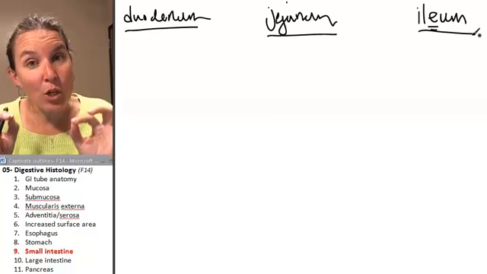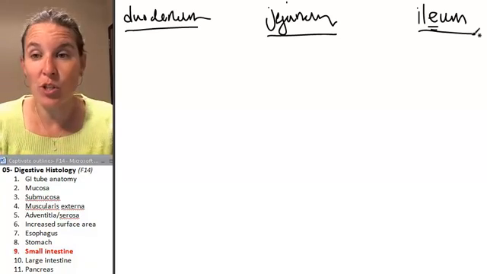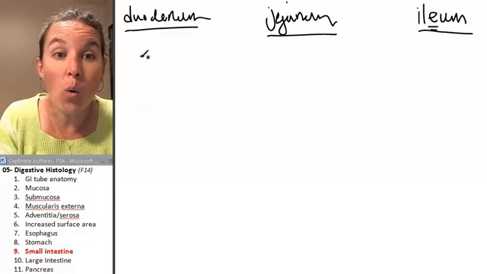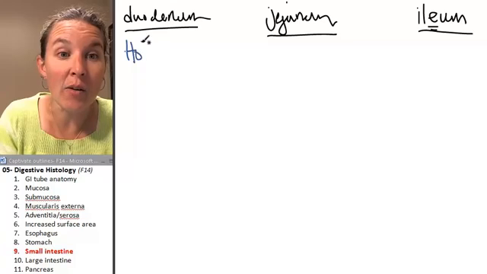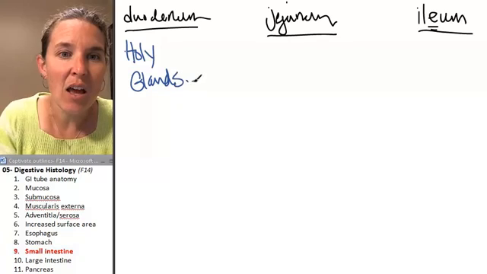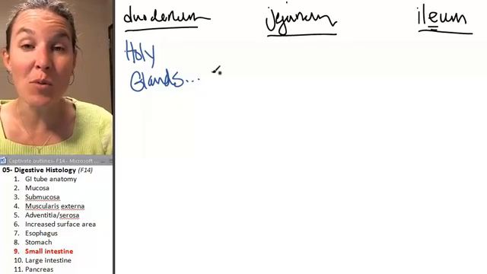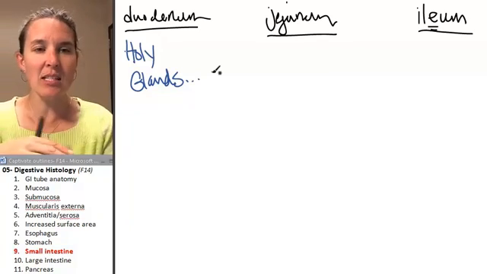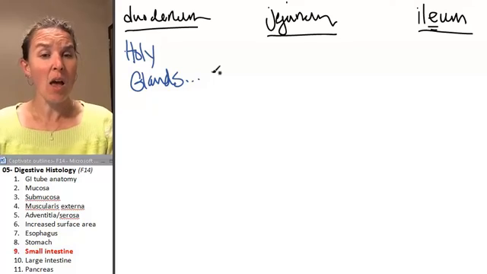To distinguish between them, here's what you're going to look for. In the duodenum, in fact, I'm writing that down, holy glands, not in the mucosa, not in the lamina propria like in the stomach. The stomach was full of glands.